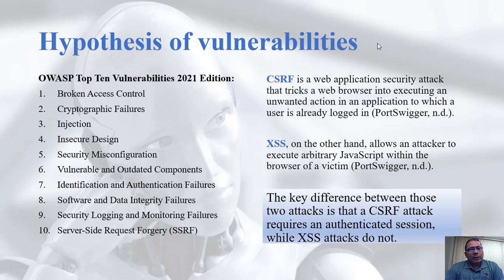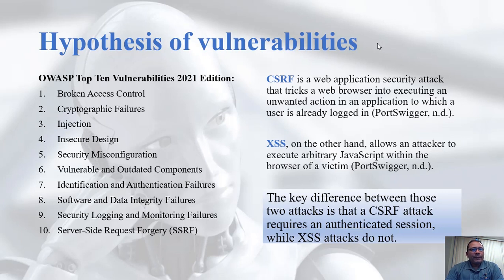My hypothesis of vulnerability scanning is based upon the OWASP Top 10 Vulnerabilities of the 2021 edition. This slide pinpoints the flaws discovered from the scanning and then draws a vulnerability hypothesis based upon those discoveries.